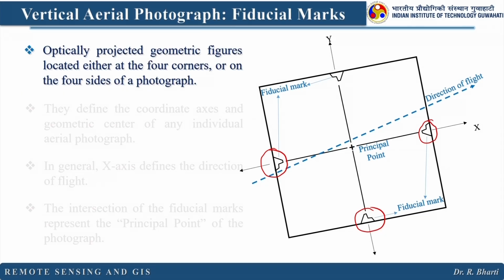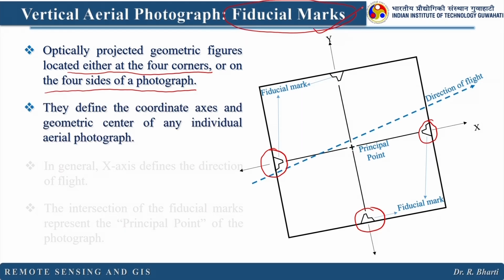And here we are talking about fiducial marks. So optically projected geometric figures located either at the four corners or on the four sides of the photograph, right, and they are known as fiducial marks. They define the coordinate axis and geometric centers of any individual aerial photograph.